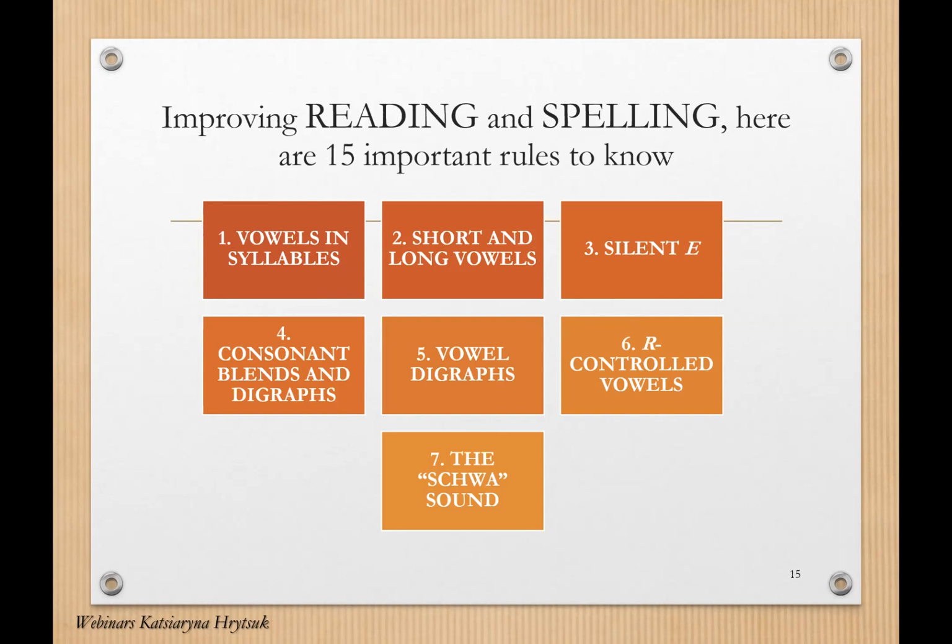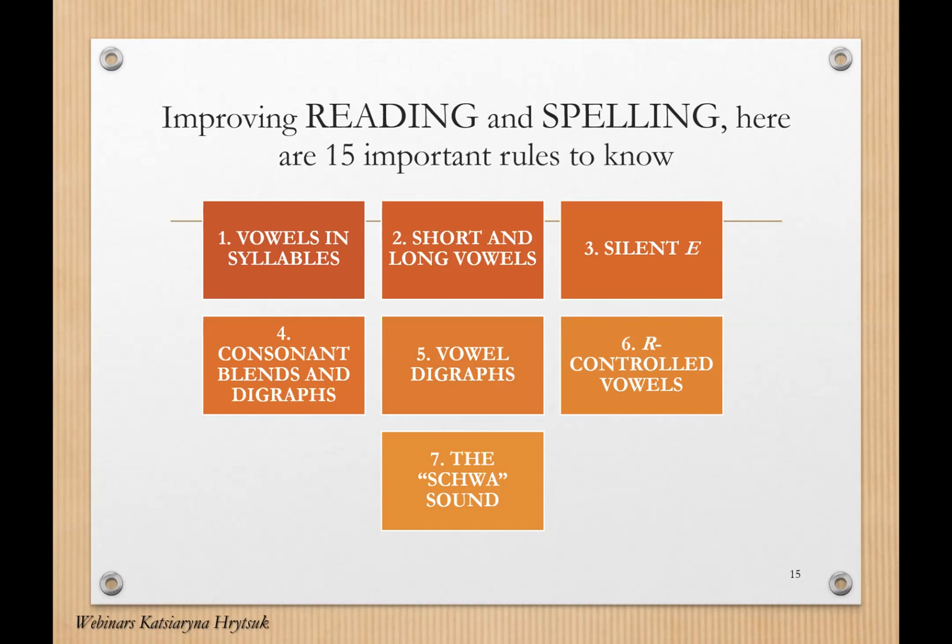So the first one, vowels in syllables. The second one, short and long vowels. Vika, do you know what syllable is? Syllable is slog in Russian, okay? Then we have rule number 3. It's silent E. This letter is very tricky, so be careful.